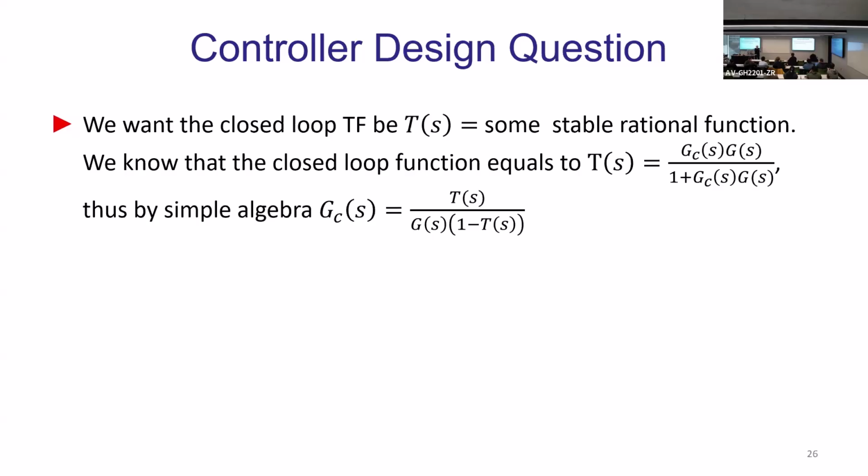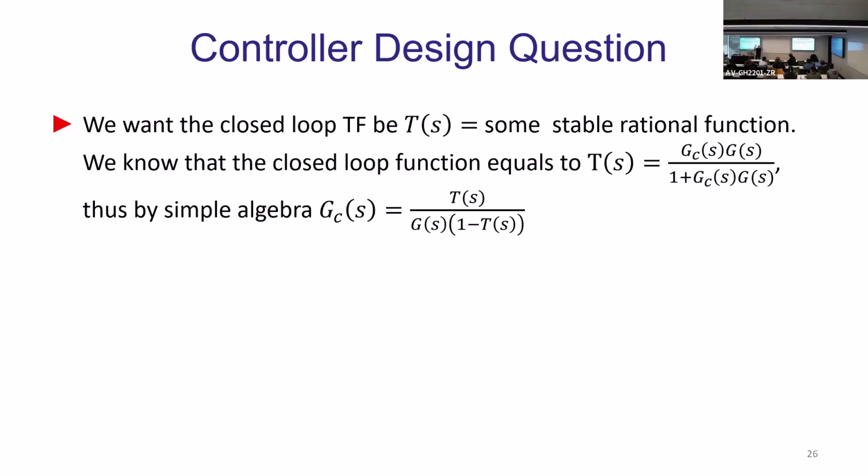This is the closed loop transfer function, okay? Now, you have an unknown controller, which we will call G of C, GC, the controller, and the open loop transfer function G. So you know the transfer function in closed loop equals GC times G divided by 1 plus the multiplication again. Remember that formula? Yeah. Unit feedback.